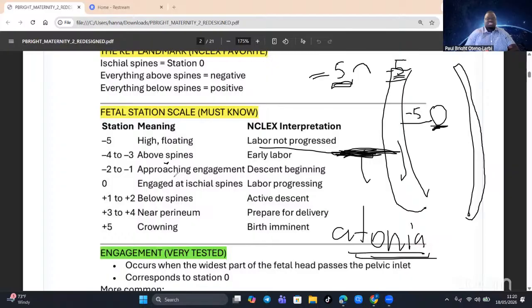So you are approaching the zero line, the midline. Look at the number line. Now your head is at 0. So here we say baby's head is engaged. The midwives will use the English word engaged.